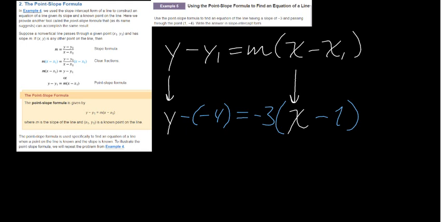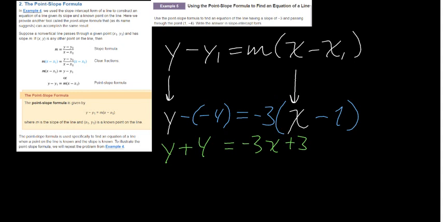This last sentence says write the answer in slope-intercept form. So we need to do the algebra and clean this up. y minus -4 is y plus 4. That's equal to -3x plus 3, because we distribute there.